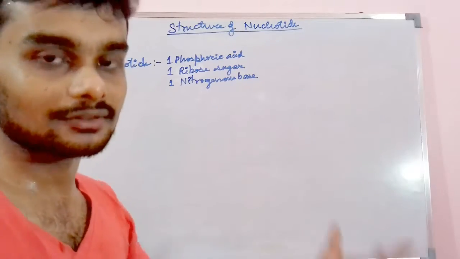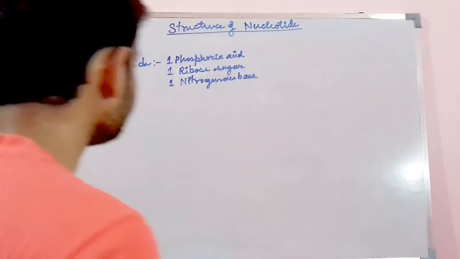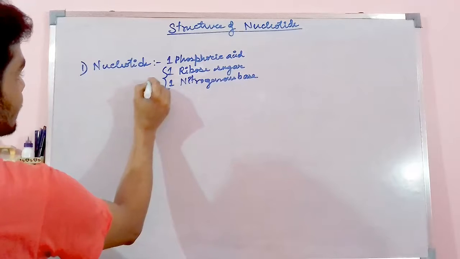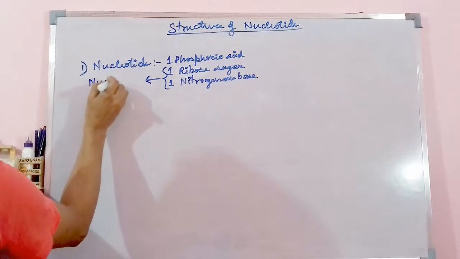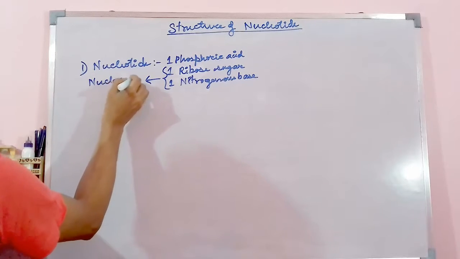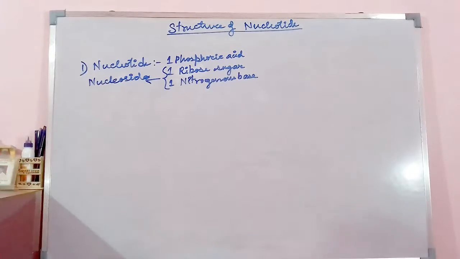The pentose phosphate pathway gives rise to the ribose sugar, which comes and joins with all these other components. Okay, this ribose sugar and the nitrogenous base is known as nucleoside. Nucleoside. Okay, this is what it is.